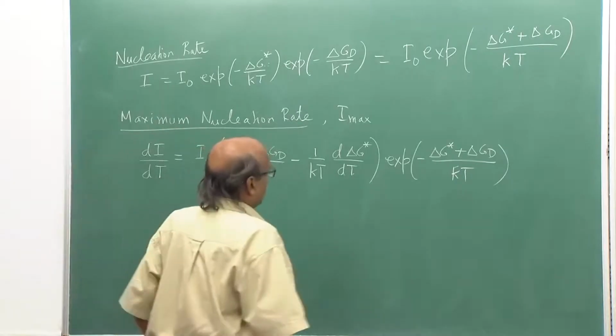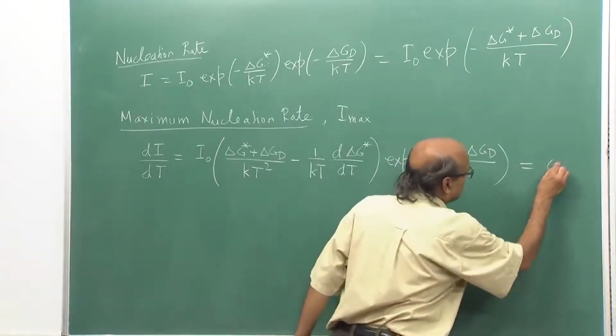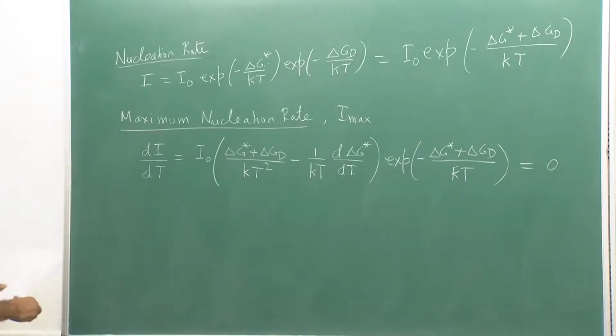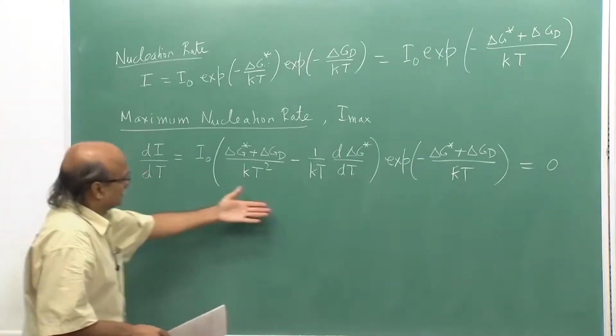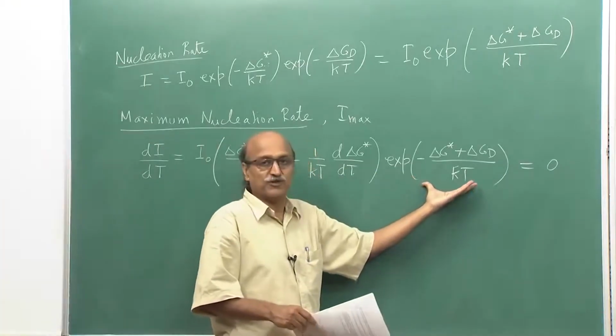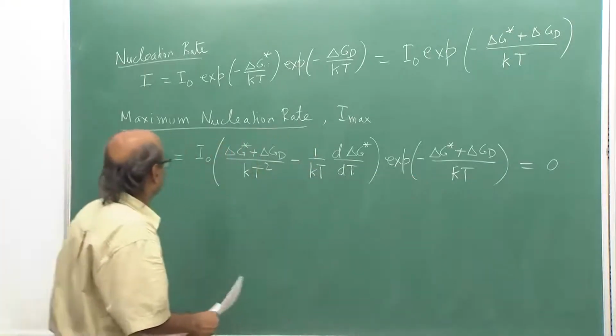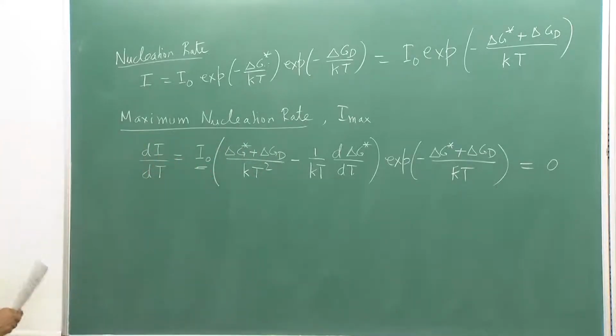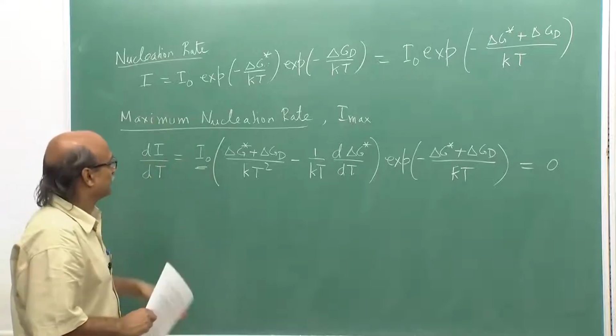And in order to get I max, this will be 0. Now, let us examine this. This exponential term will never be 0. I naught is again another constant, non-zero.